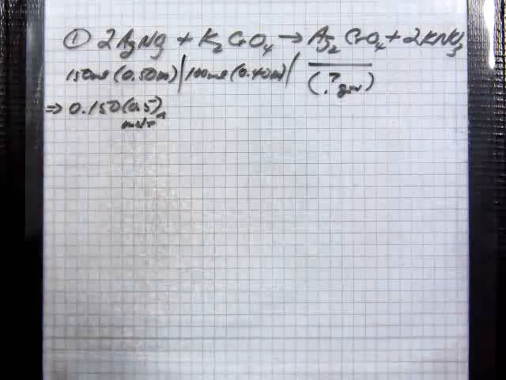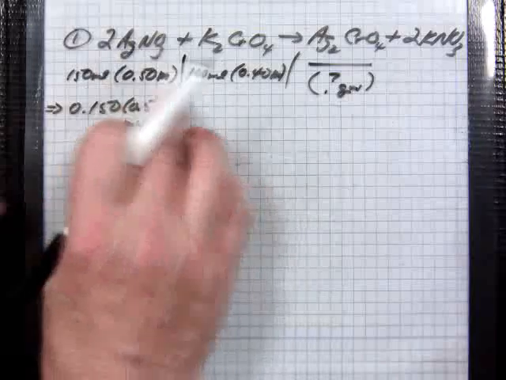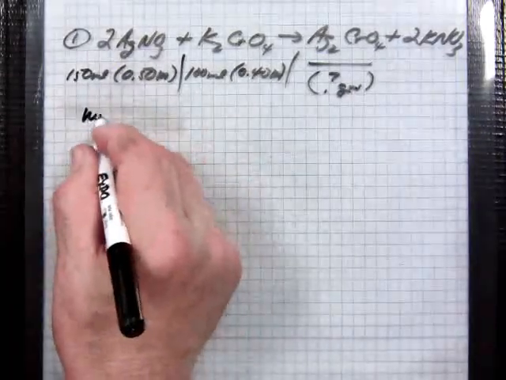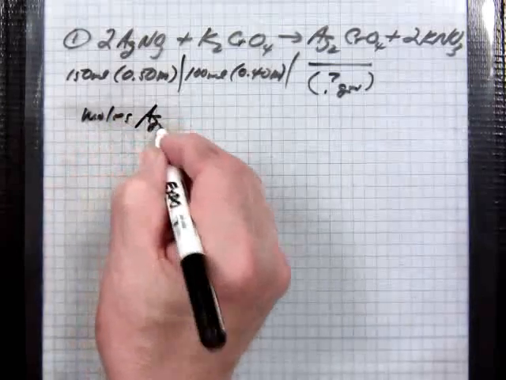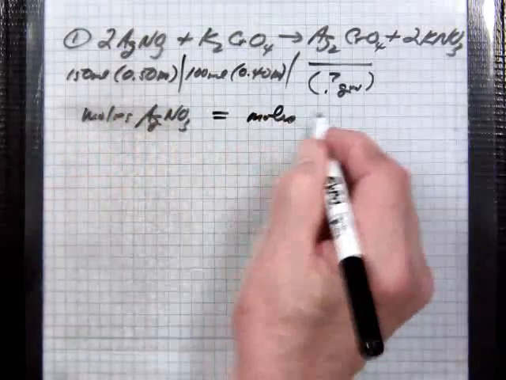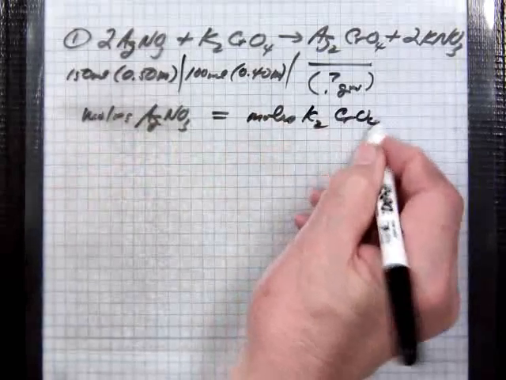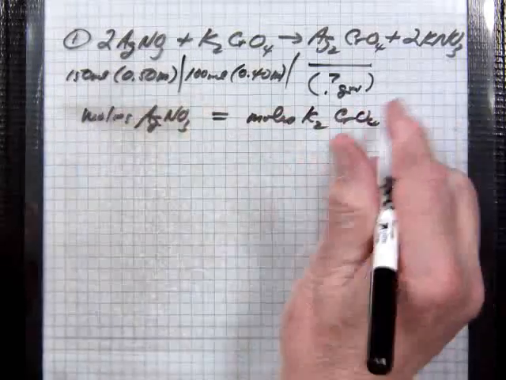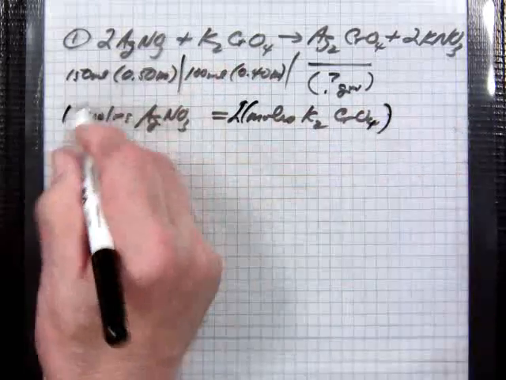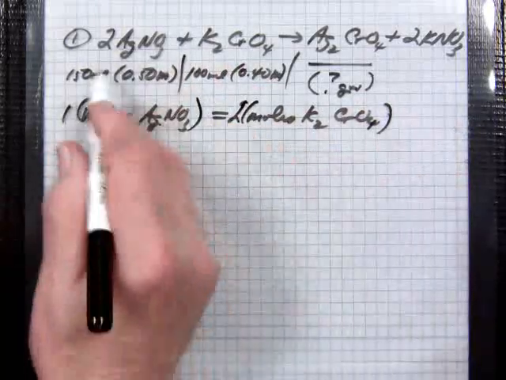Okay, we can set it up that way if you want to. We take moles of silver nitrate equal to moles of the K2CrO4. So it's a 2 to 1 ratio.